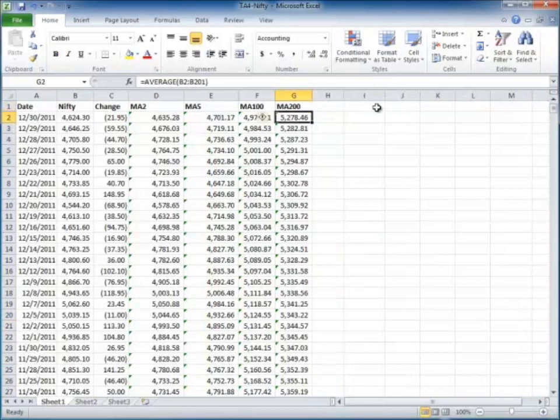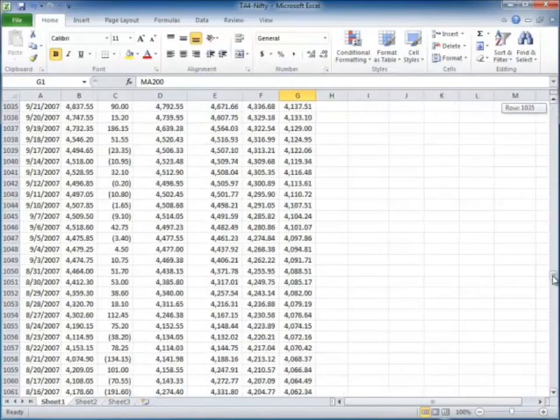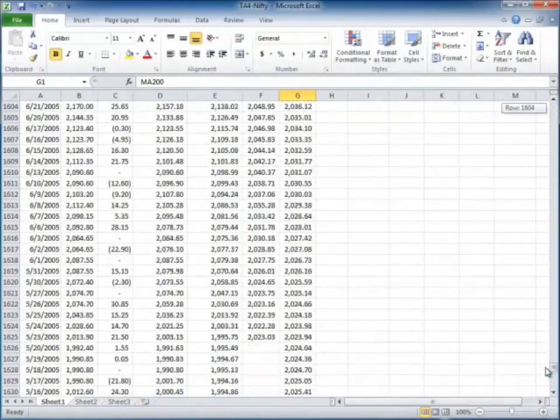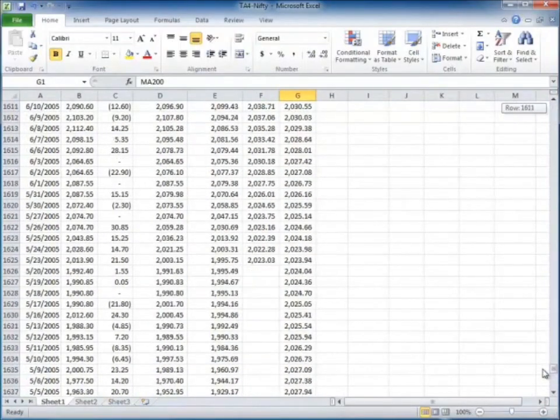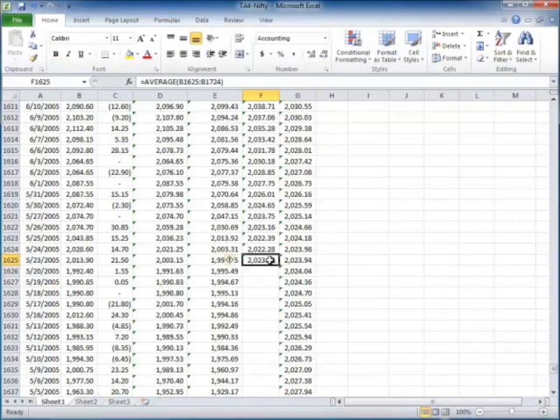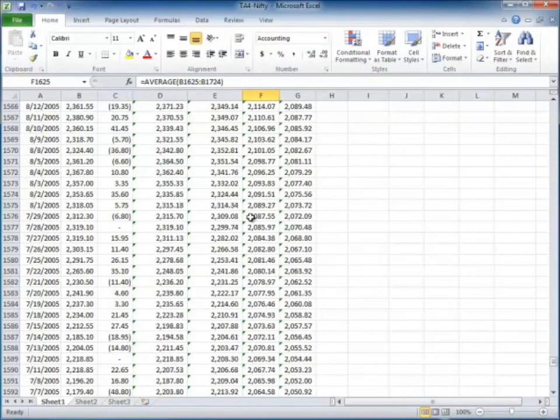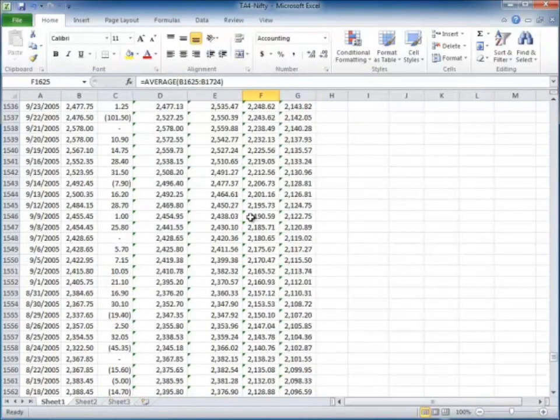Okay, so now we have the 2-day moving average, the 5-day moving average, the 100-day moving average, and the 200-day moving average. So again, I want to get rid of excess data. This stops at 1625. We're now going to have to stop at 1525 because we have a 200-day moving average, right?